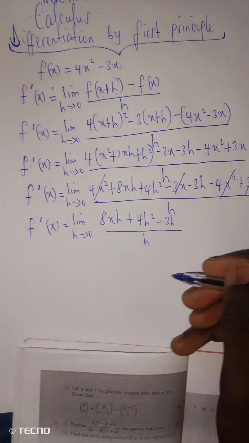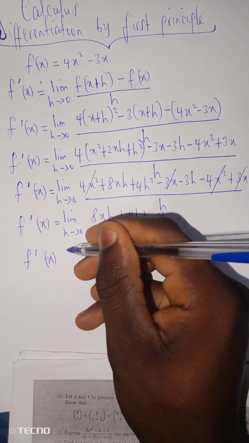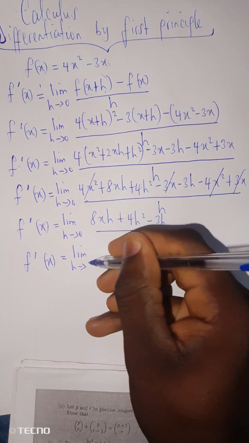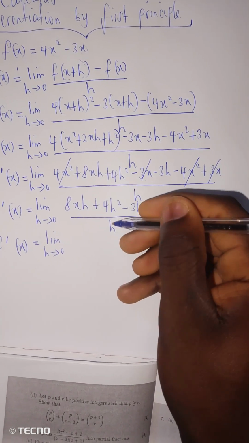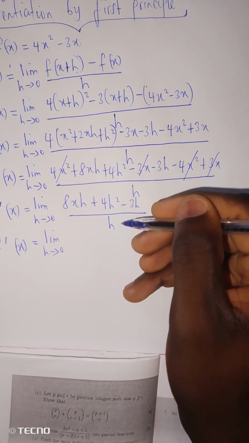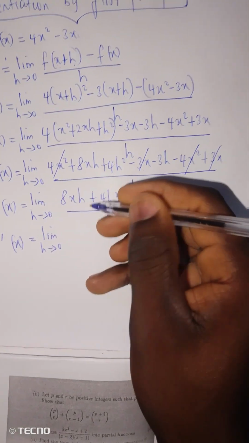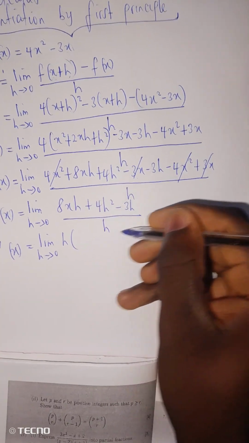Okay, so f prime of x is equal to the limit as h is approaching 0. So to cancel out this h, which is the denominator, I'm going first to factor out h on the numerator. I'll factor out h.